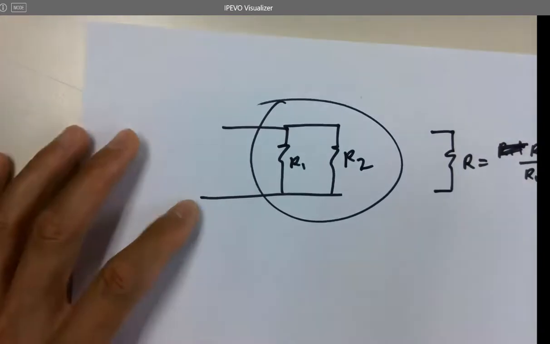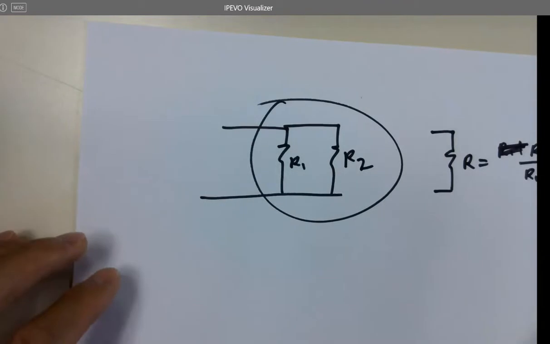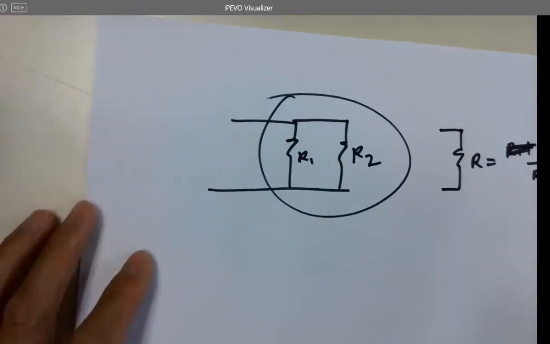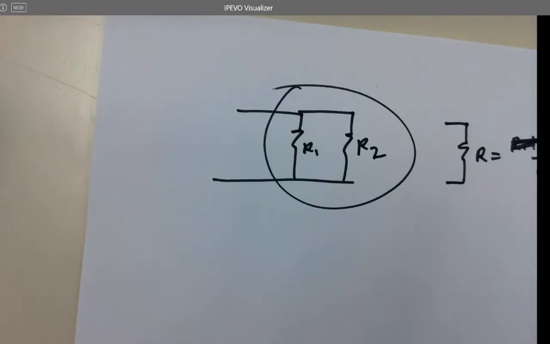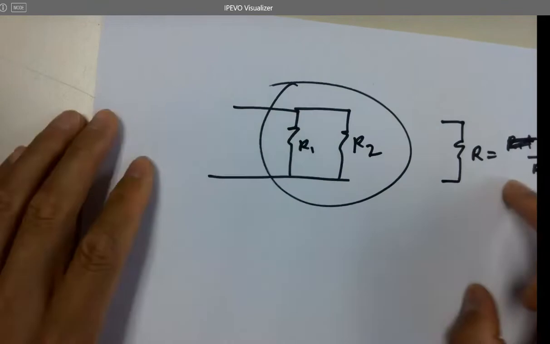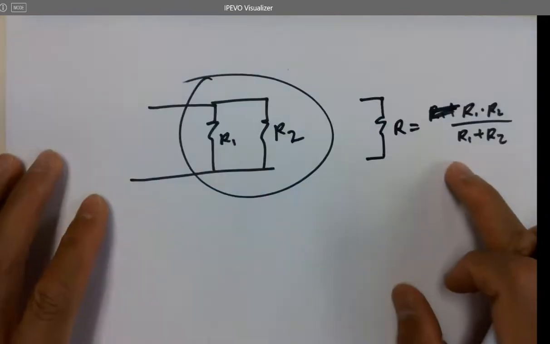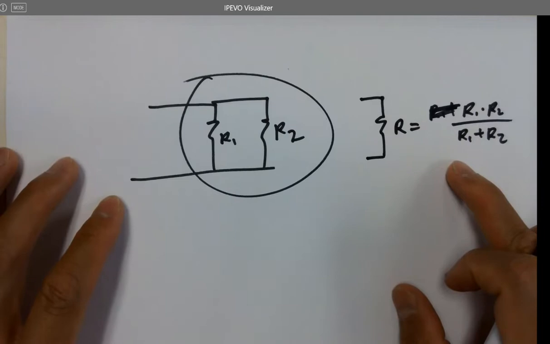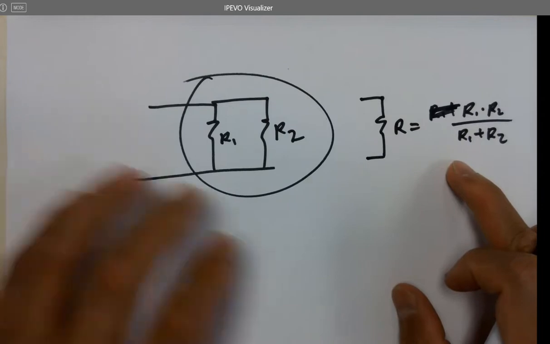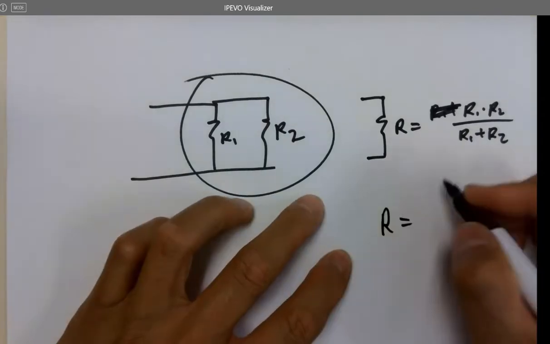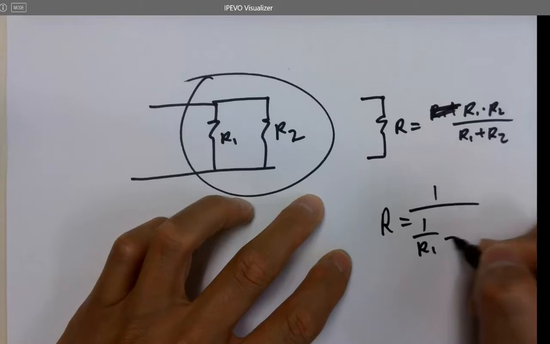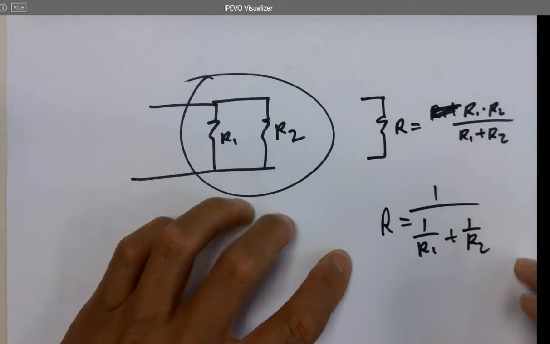Why is that? How do you derive it? So you learned R equals 1 over R1 plus 1 over R2, right? But why?